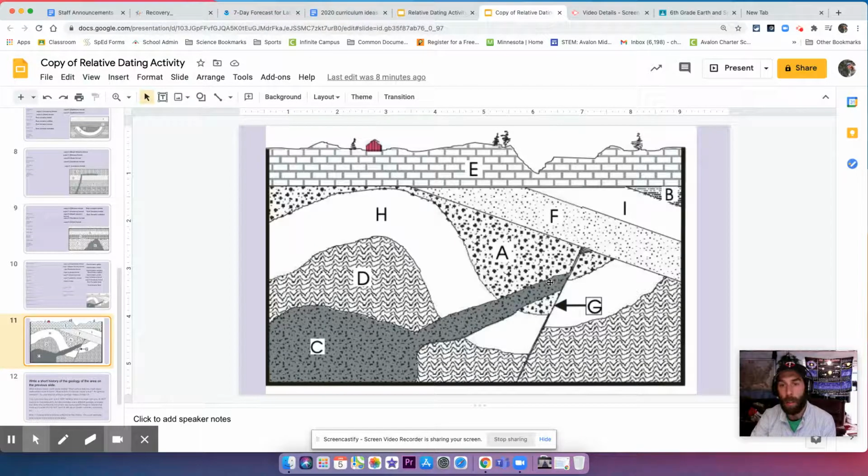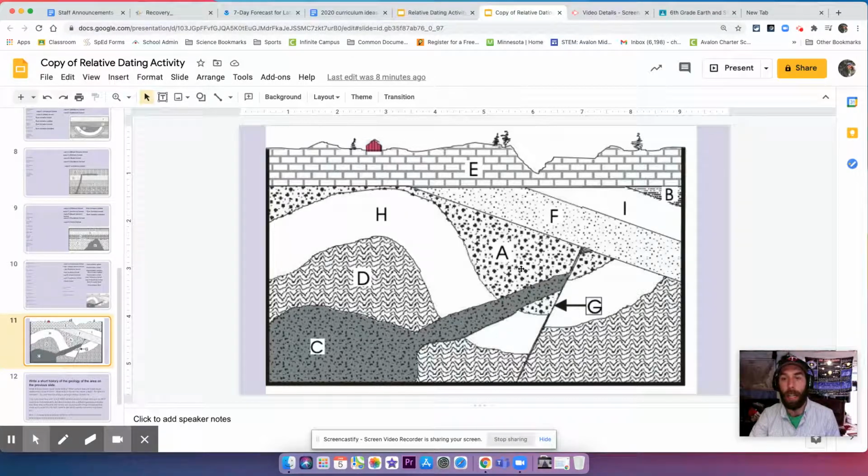Notice also that this basalt intrusion happened, and then later this fault happened. So this fault had to happen after the basalt intrusion. Notice also that all these things got wavy before the basalt intrusion cut through them and before the fault line cut through them. Okay?